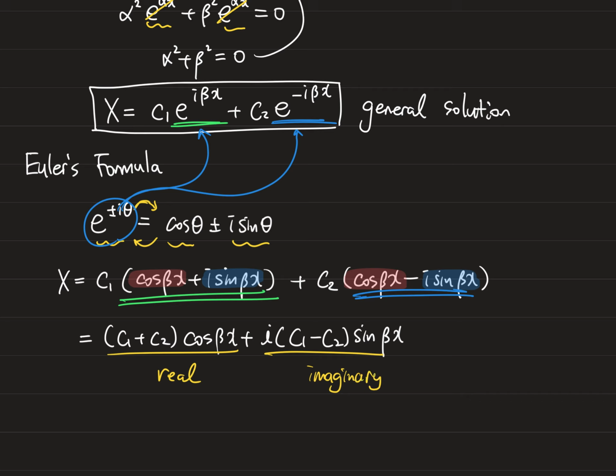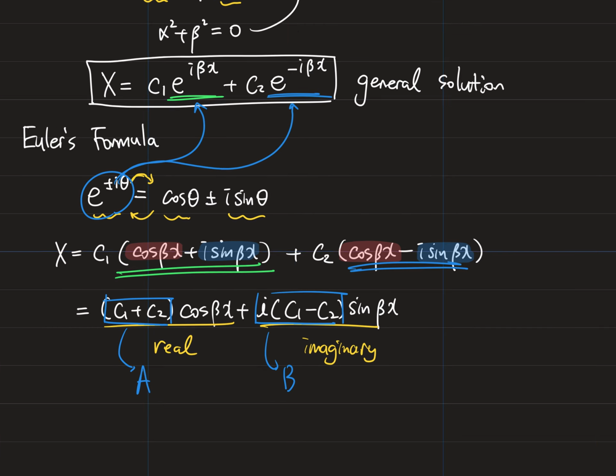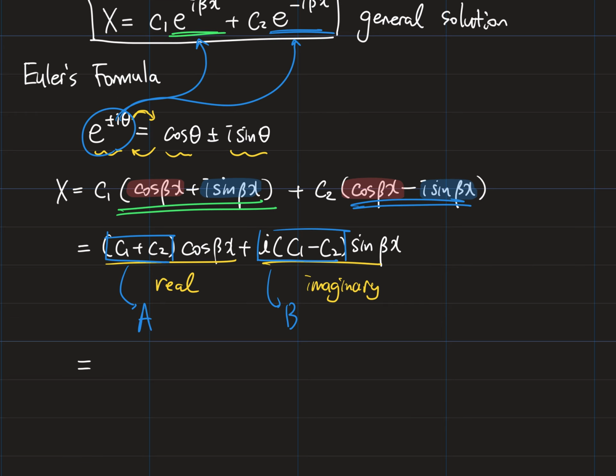Since the constants for the linear combination are arbitrary constants, we can define a new constant, c1 plus c2 as capital A, and i multiplied by the difference between c1 and c2 as B. There is no problem changing the arbitrary constants into another form of arbitrary constants. So our final form should be A cosine beta x plus B sine beta x.